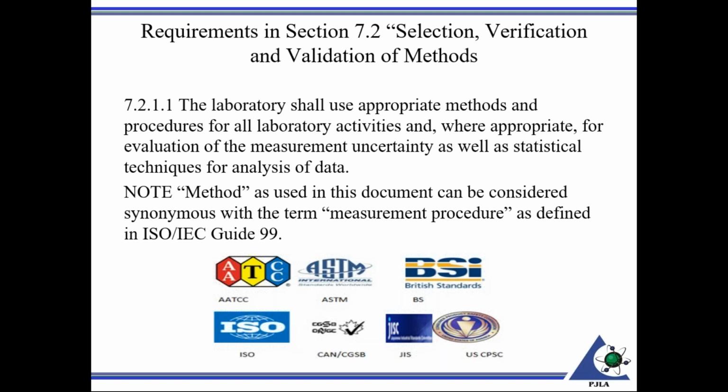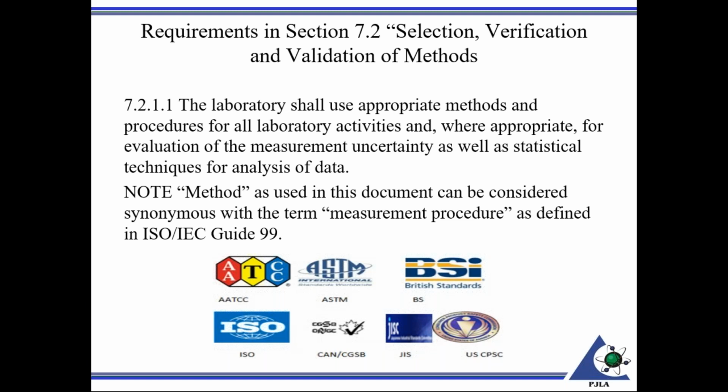All right, now looking at the requirements, the very first clause under section 7.2. The laboratory shall use appropriate methods and procedures for all laboratory activities and, where appropriate, for the evaluation of the measurement uncertainty, as well as statistical techniques for the analysis of data. A note: methods as used in this document, 17025, can be considered synonymous with the term measurement procedure as defined in ISO Guide 99.